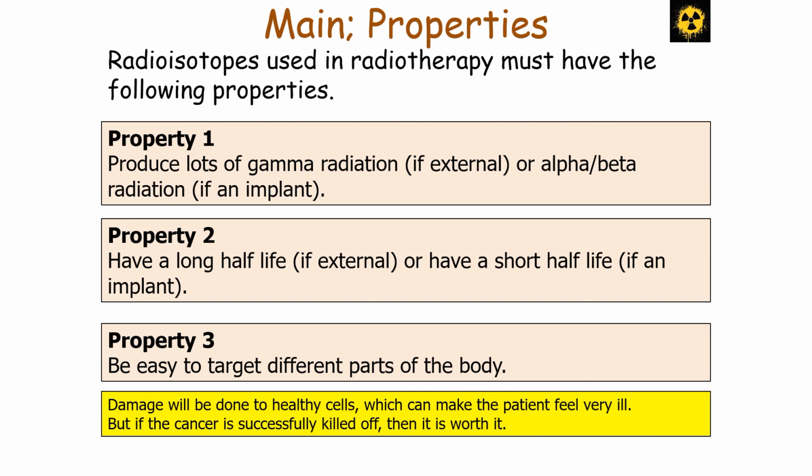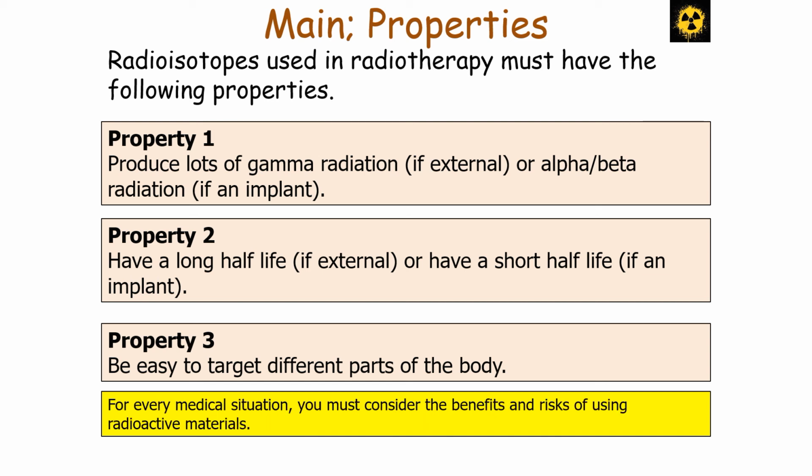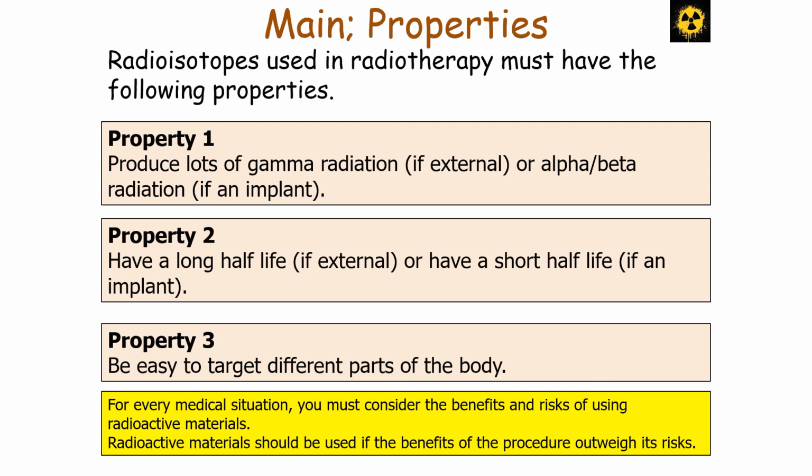Now, it's important to note that damage will be done to healthy cells, which can make the patient feel very ill, but if the cancer is successfully killed off, then it's worth it. For every medical situation, you must consider the benefits and risks of using radioactive materials. Radioactive materials should only be used if the benefits of the procedure outweigh its risks.